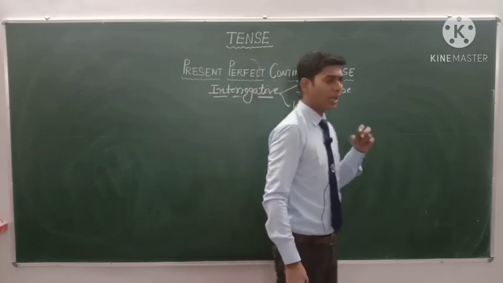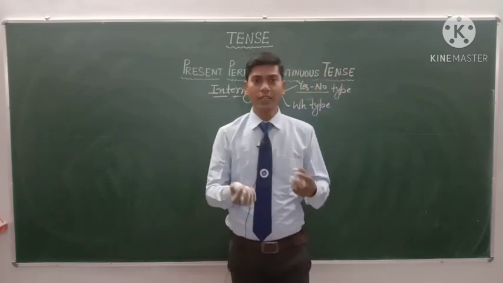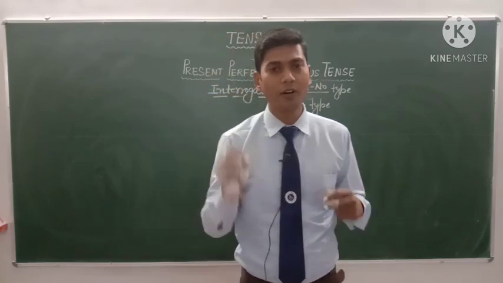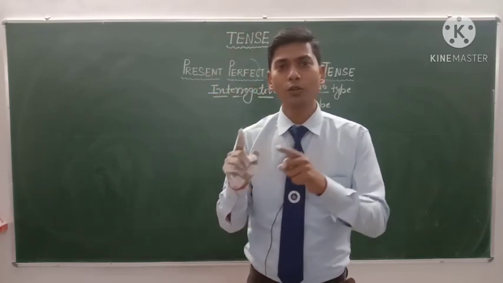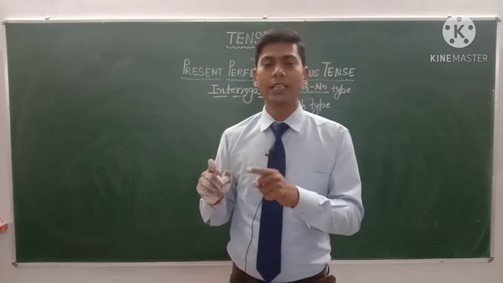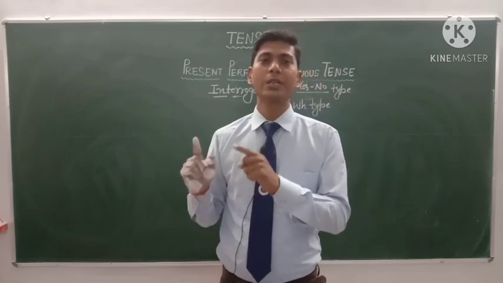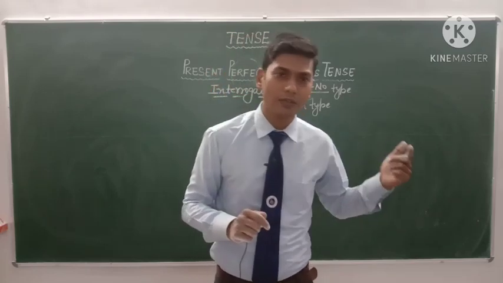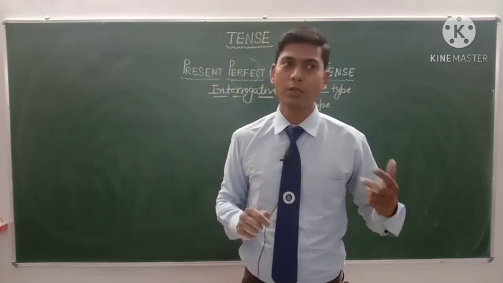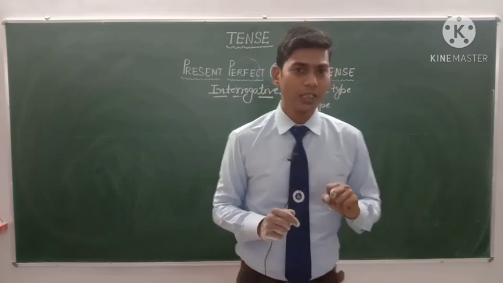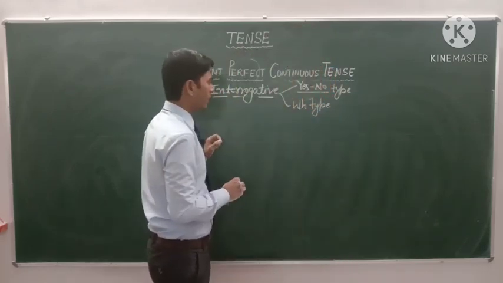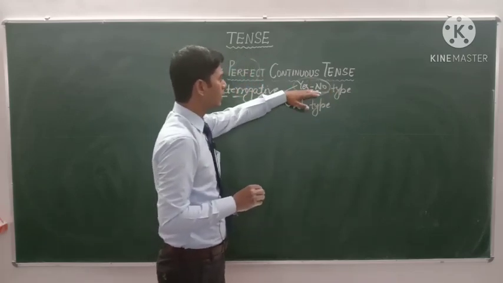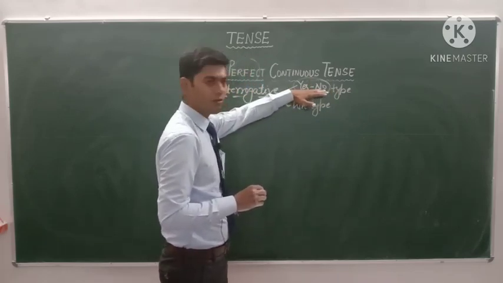When we ask any person and get the response or answer in the form of yes or no, it is called a yes-no type interrogative sentence, a yes-no type question sentence, right? So let's try to note down some sentences regarding yes-no type.